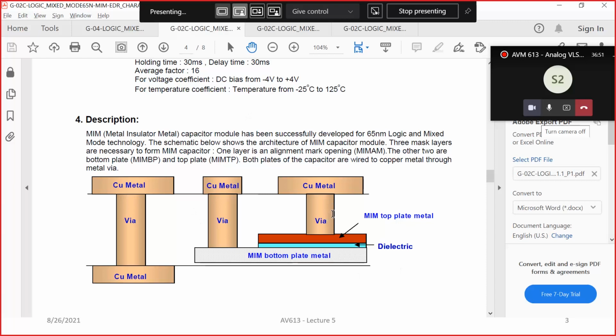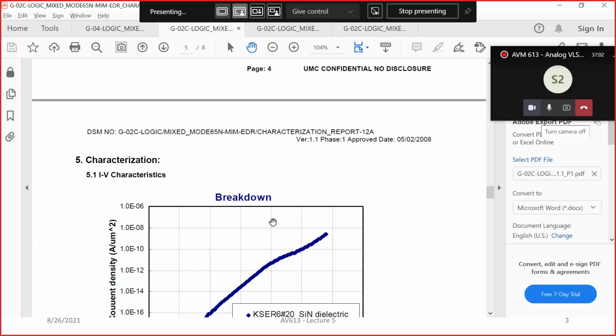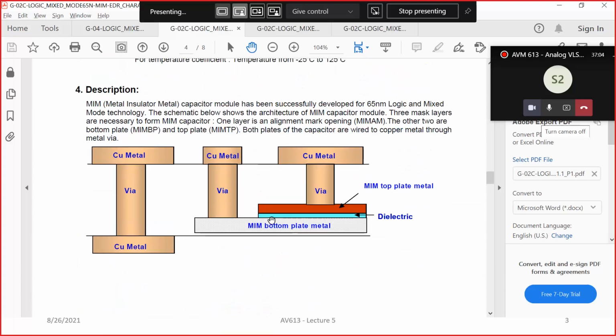Now, as you can expect, this capacitor will be fairly linear. Why? Because it's just two metal layers and a dielectric in between. But the other thing is that obviously the capacitor density that you would get, that is the capacitance per unit area, is quite less. In this technology node, I think it is something around 2 femtofarad per square micron.